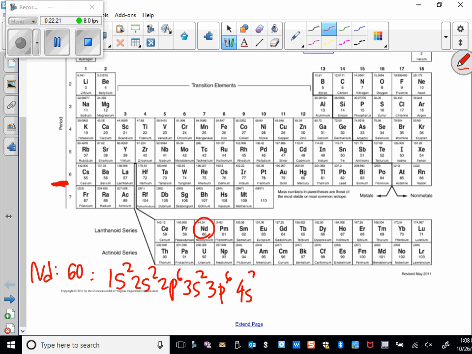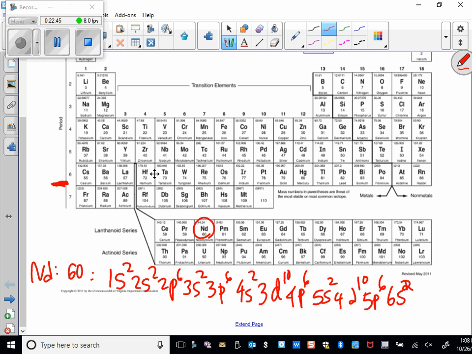So listen, if I were to write the electron configuration, I would do 1s2, 2s2, 2p6, 3s2, 3p6, 4s2, 3d10, 4p6, 5s2, 4d10, 5p6. Now I'm in 6s2. Are you with me? So I'm in 6s2.